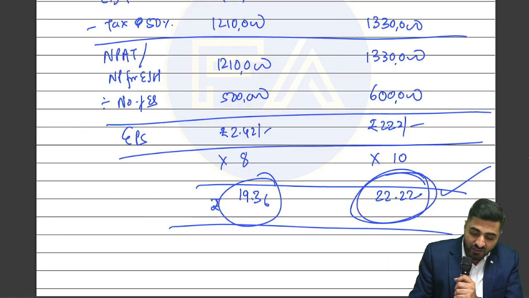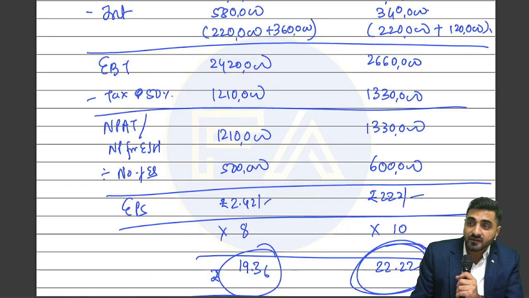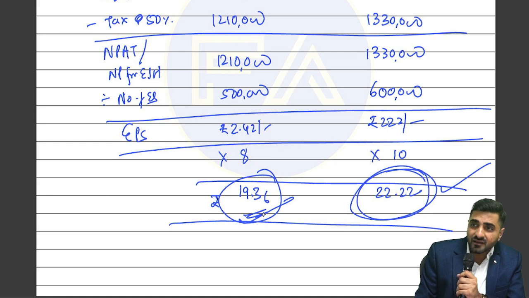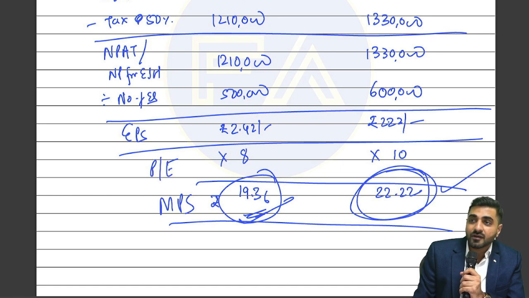If I'm raising the funds via plan 1, then what is the market price of the equity share becoming? How much is it becoming? This is 19.36. This is the market price per share. This is the P/E ratio. You are thinking this is the market price.